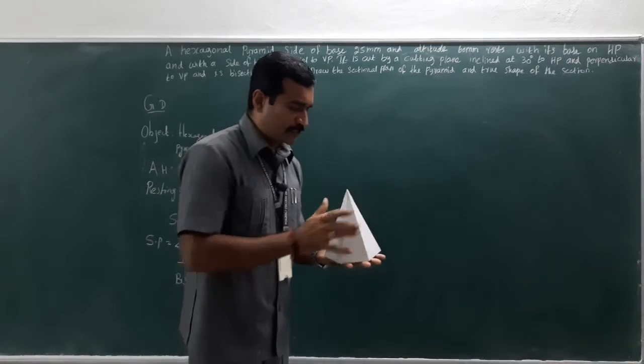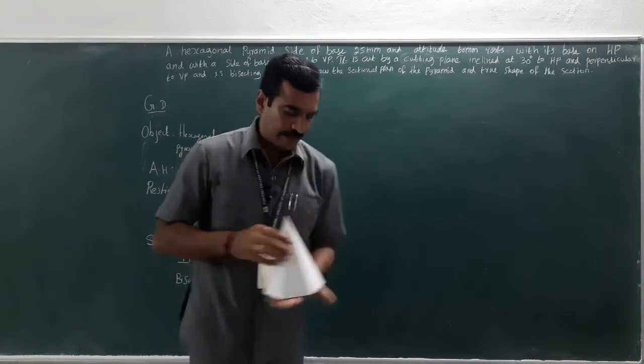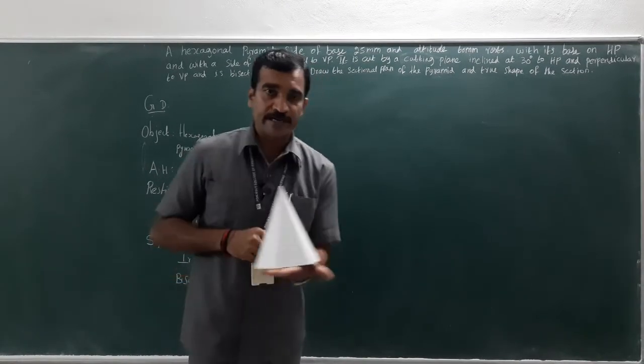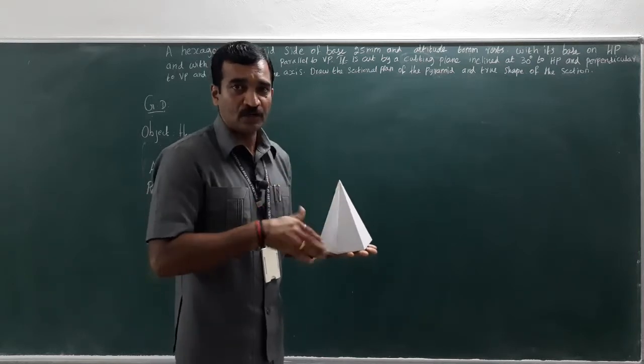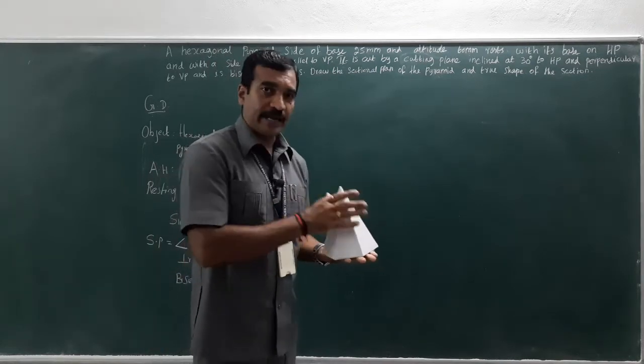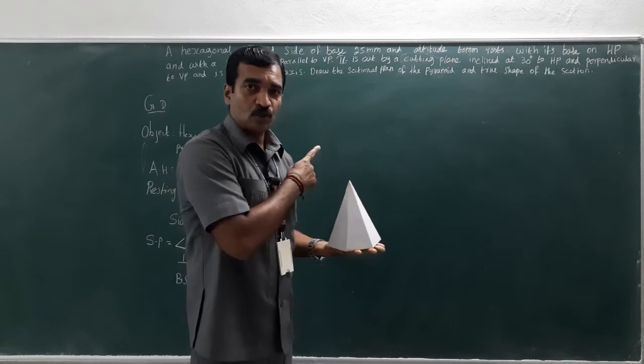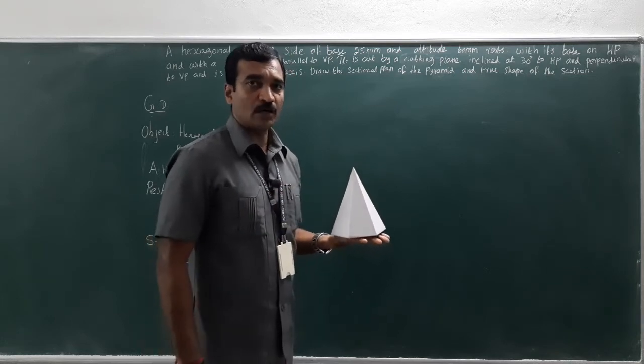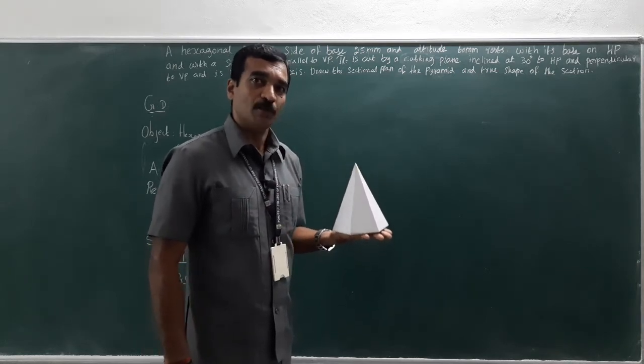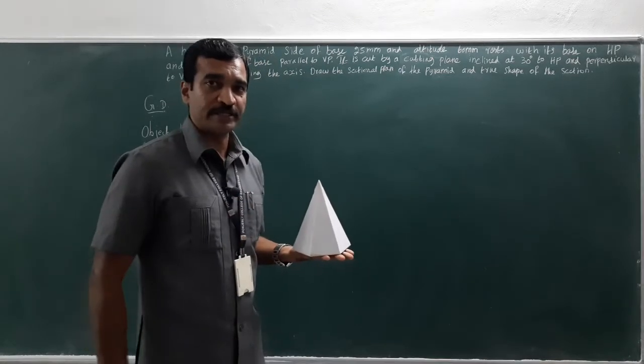Similarly here is also one side. These two sides are parallel to each other, right? This is how this particular object is being positioned as far as this question is concerned.